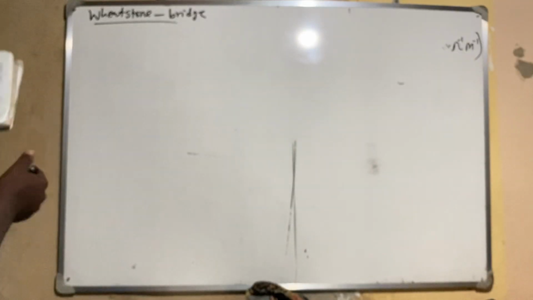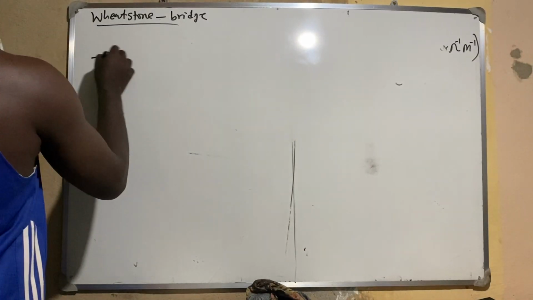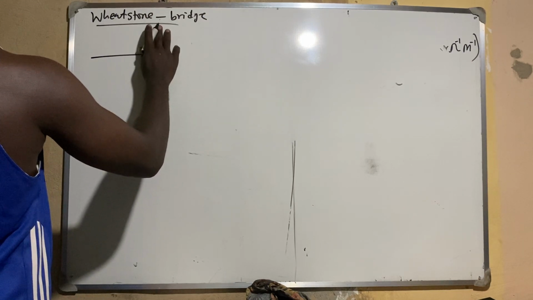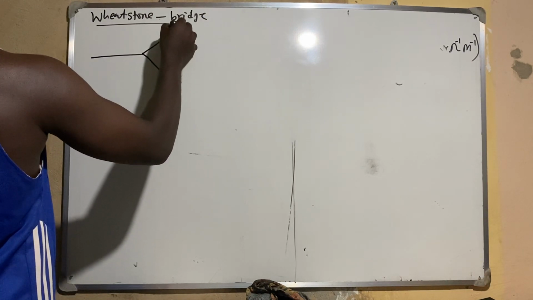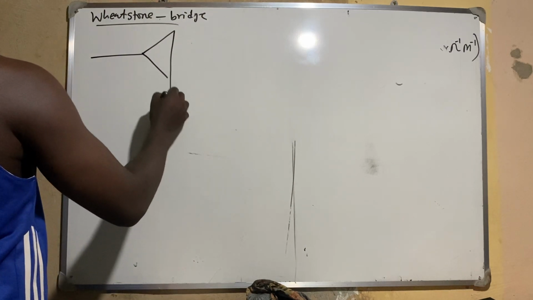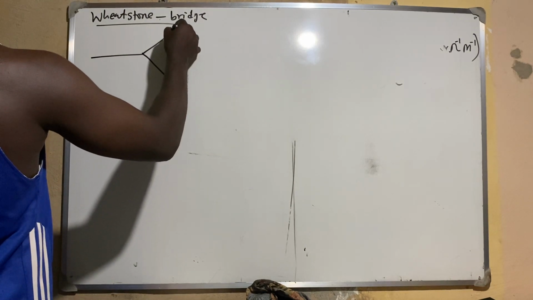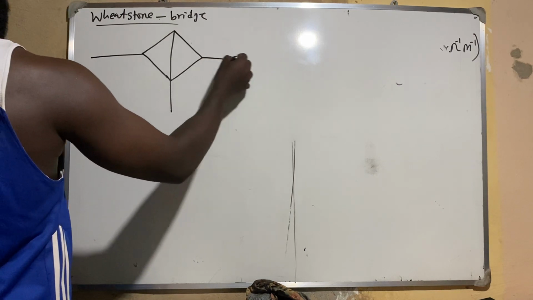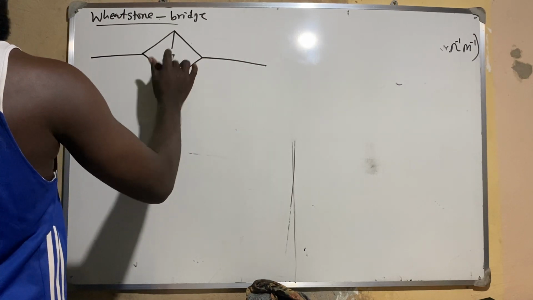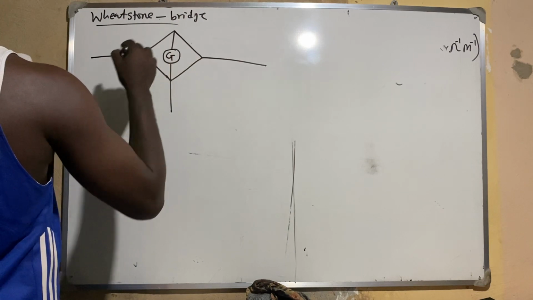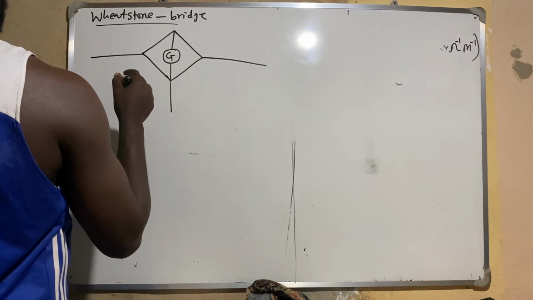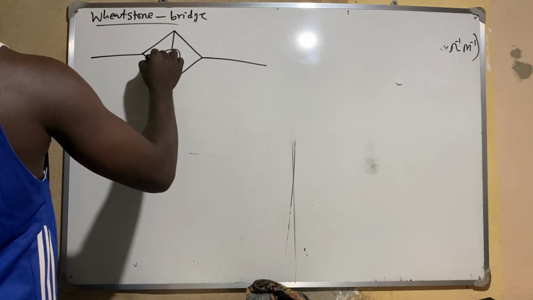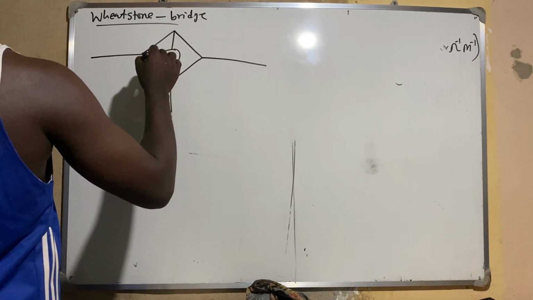So for this particular one, it is like this. We have something like this. I have a galvanometer here. The first resistor is here, R1.